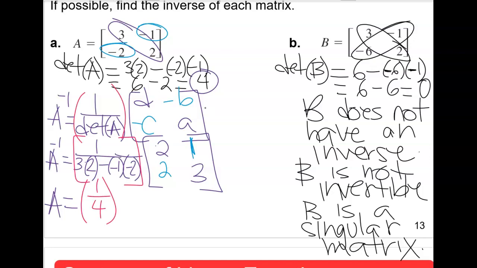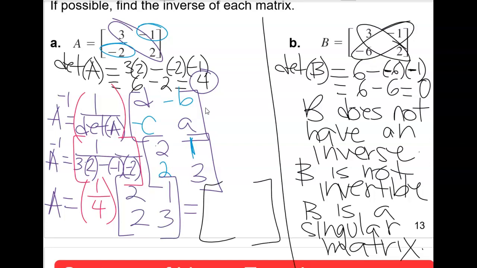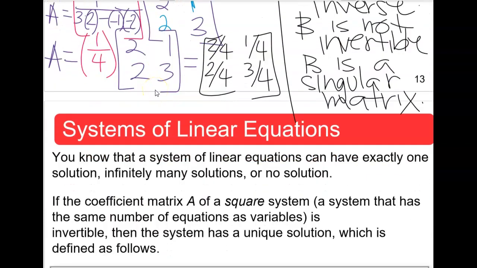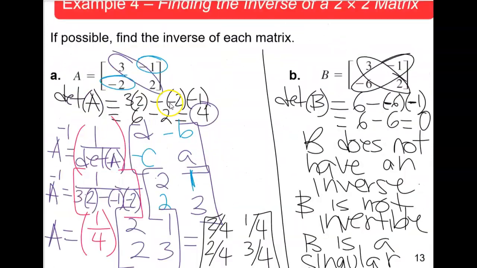So if we multiply that constant by the matrix 2, 1, 2, 3, we will obtain the matrix 2 over 4, 1 over 4, 2 over 4, and 3 over 4. So I obviously have to simplify.